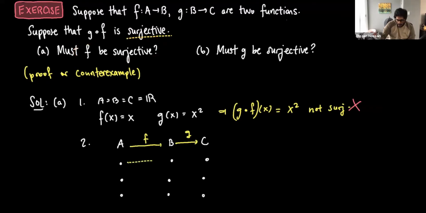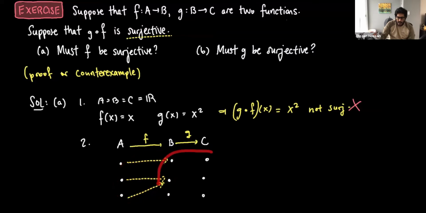So let's send the first point to the first point, the second point to the second point, but the third point I'll send back up to the second point again. So this way f is not surjective.